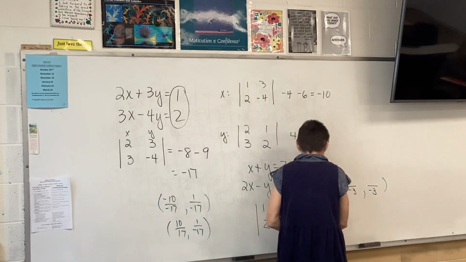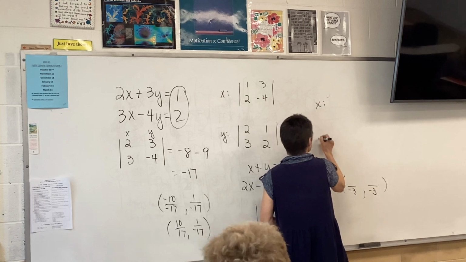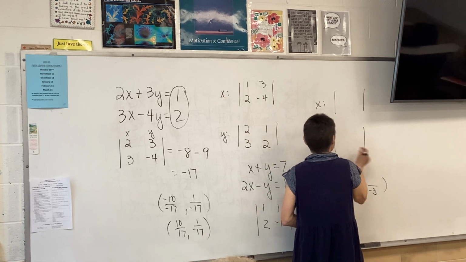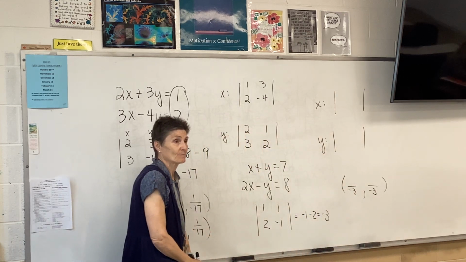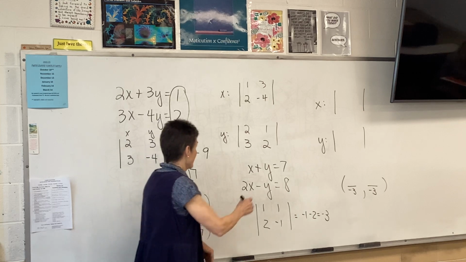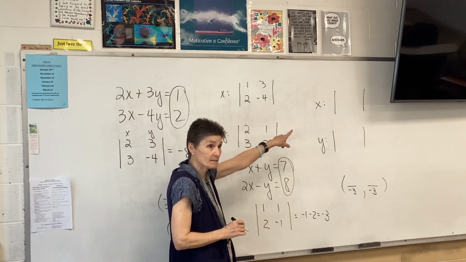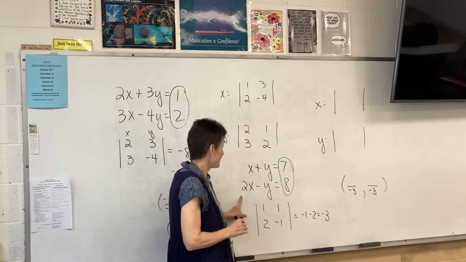Now, to find the numerators, I have to make 2 new determinants. Who was paying attention? How do I find the new determinants? Brennan? You have to replace 7, 8 over the x's. Exactly. If you're doing x, the 7 and 8 replace the x numbers, right?